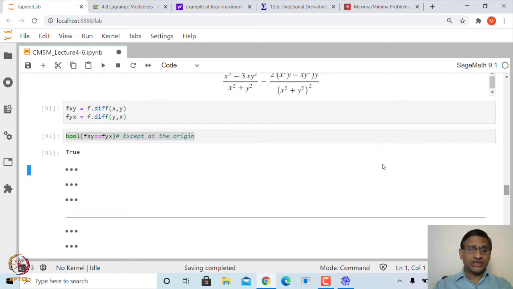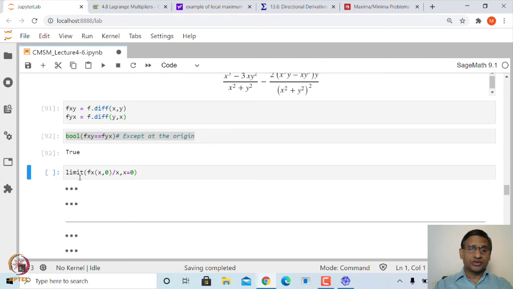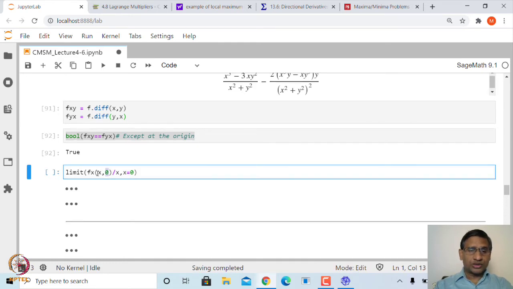However, at the origin, what you need to do is find the limit of fx at y equal to 0 about x at x equal to 0, then the limit of fx at x, 0 upon x. That's the limit of the partial derivative of fx with respect to x at 0, 0.